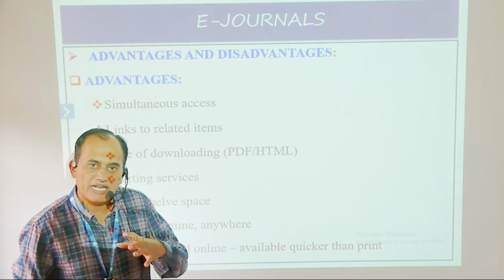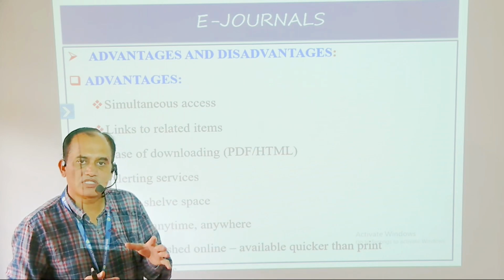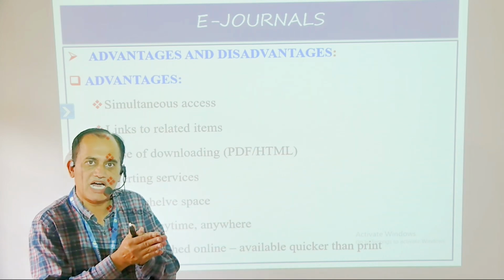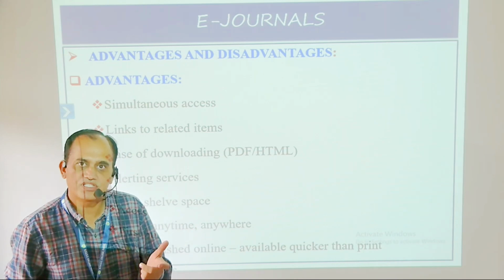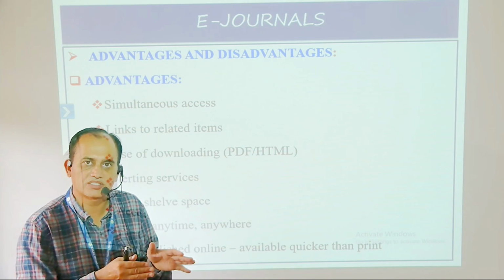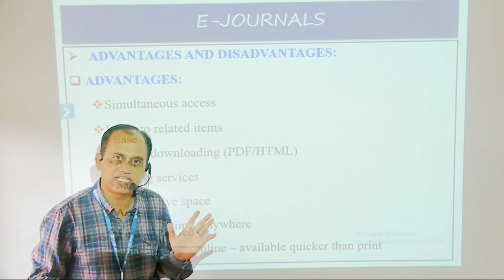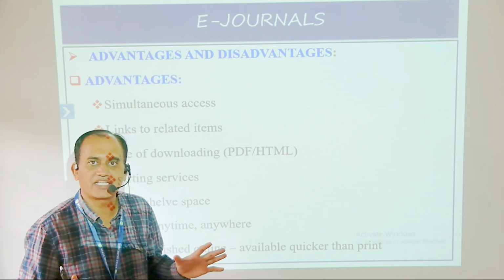You can access it any time, anywhere, because suppose a journal is present in hard copy or a book is present in the library, then only in office hours can you have that access, or sometimes you have to borrow that textbook. But in the case of e-journals, there is no need to carry anything.